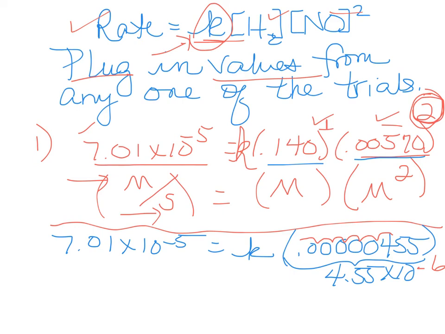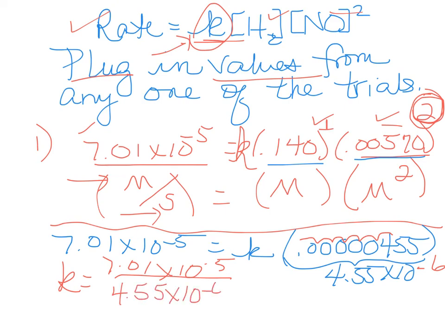All right, so now rearranging that means that our rate constant K equals 7.01 times 10 to the minus 5 divided by 4.55 times 10 to the minus 6.